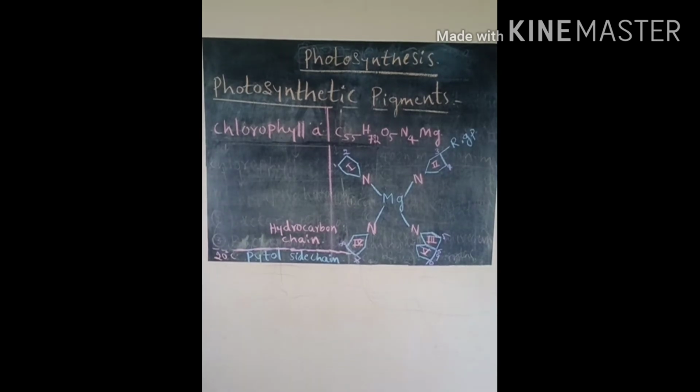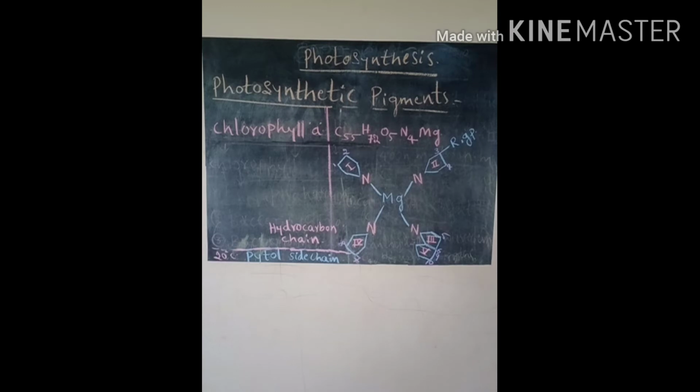The tail part is called the phytol side chain. The phytol side chain includes 20 carbon atoms and is attached to the 7th carbon atom. The tail attaches to the 4th ring. This is about the chlorophyll molecule structure.